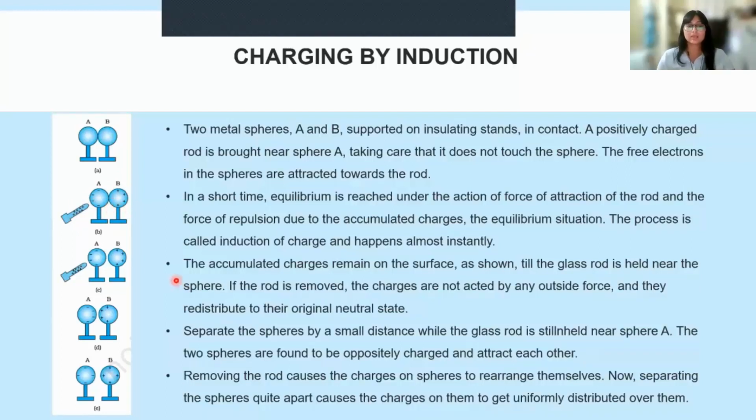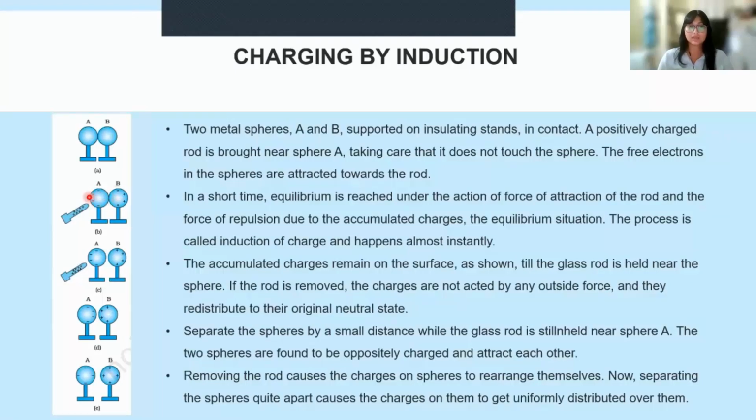The accumulated charges remain on the surface as long as the glass rod is still held next to sphere A. If we remove the rod, there is no other force acting on these charges, and they go back to their original neutral state.